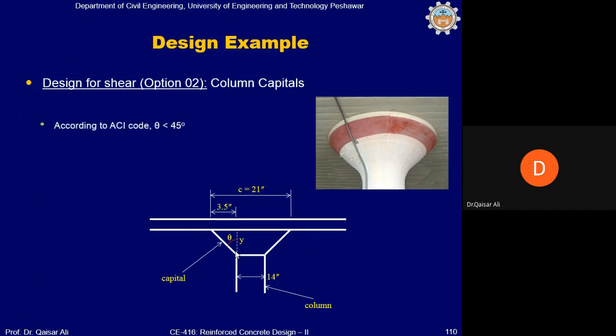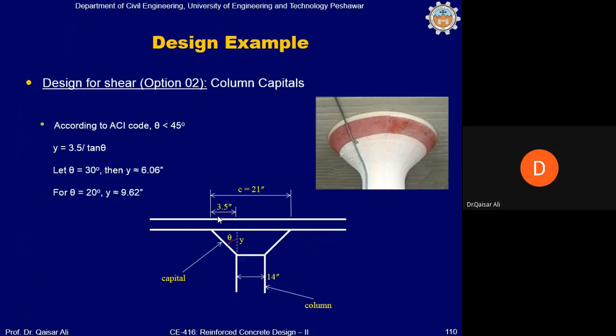If you take the tangent of theta, y is equal to 3.5 divided by tangent of theta. If theta is kept equal to 30 degree, then y is almost 6 inch, which means the depth of the column capital is 6 inch and the horizontal dimension is 3.5 inch at the top. If the angle is kept 20 degrees, then y is equal to 9.62, which can be provided as 10 inch.